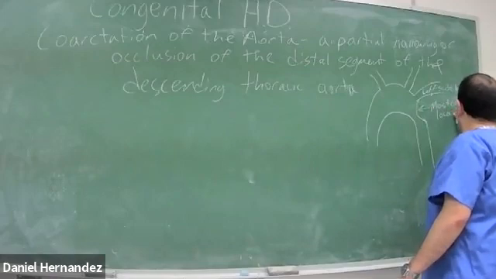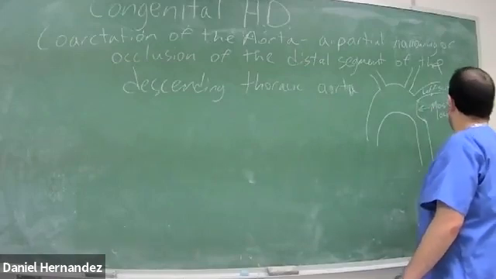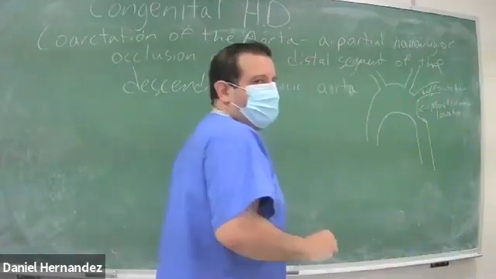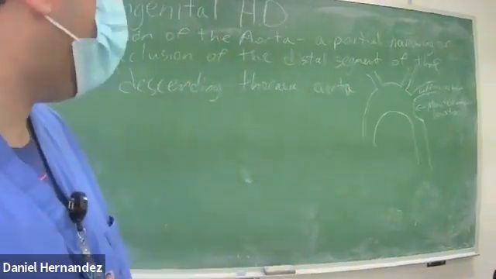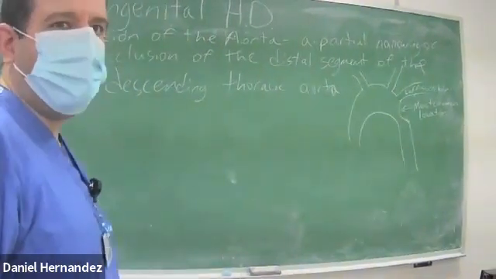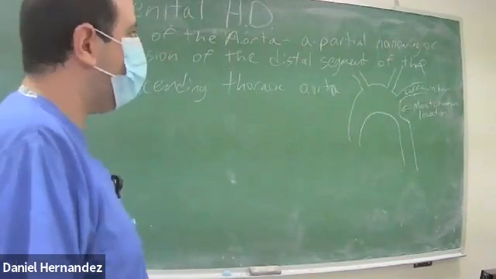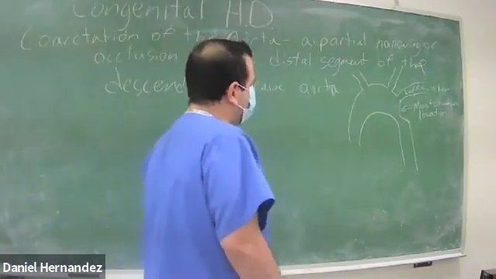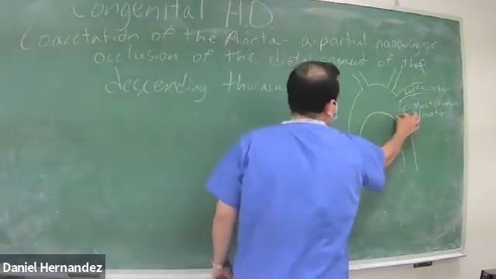Location. The most common location is going to be just distal to the branch of the left subclavian off the arch. This is where you get your narrowing.